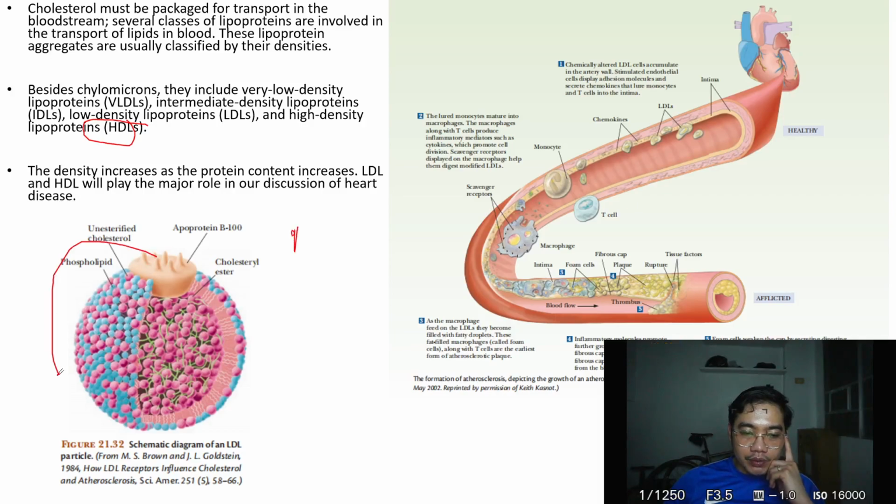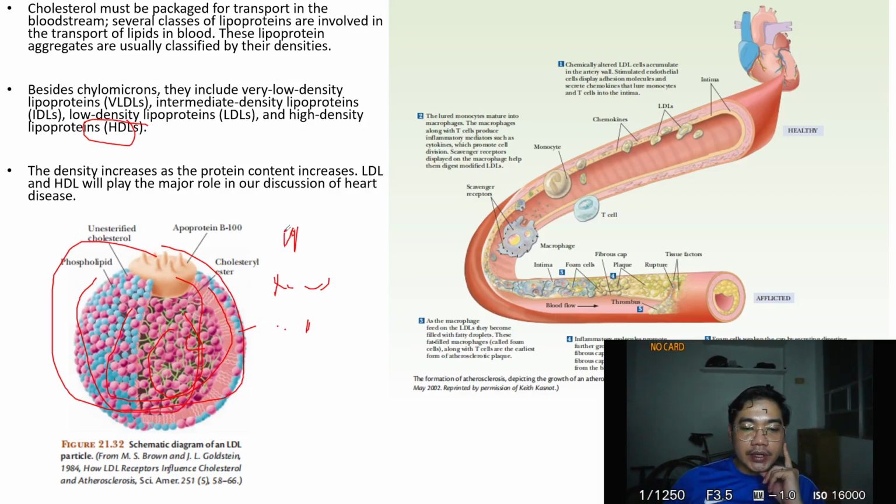This is a lipoprotein. It's a protein that houses your cholesterol inside, because your cholesterol doesn't like water, and this protein wall, this phospholipid layer, protects your cholesterol from the water.